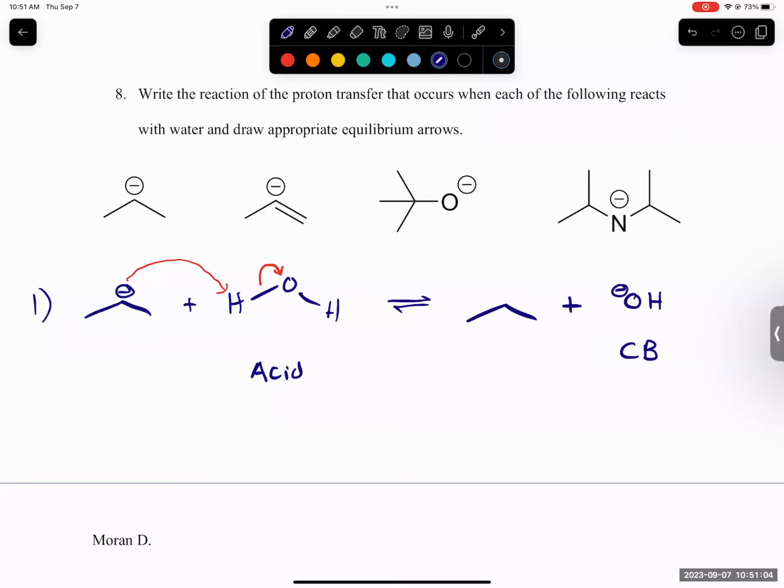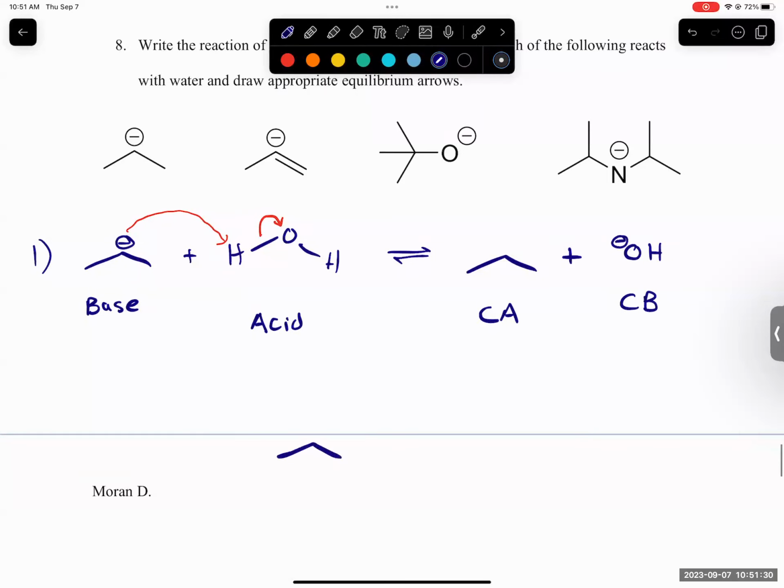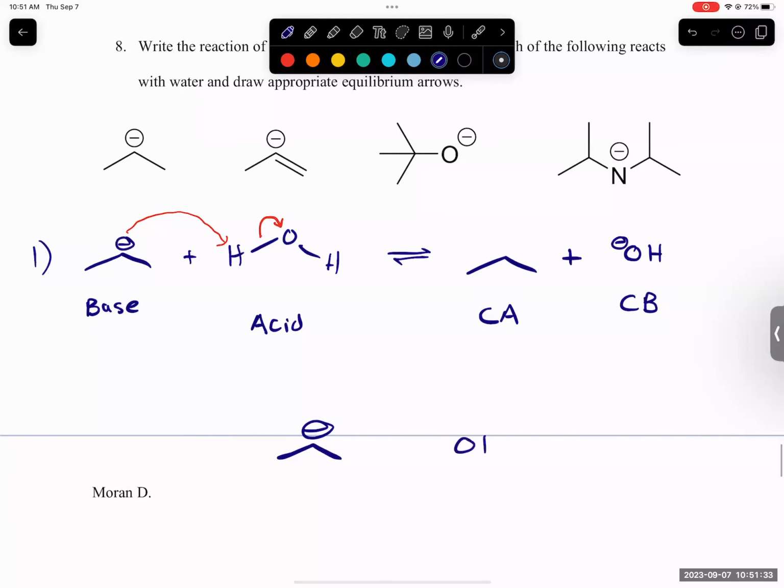And we have our base on the left side. That forms our conjugate acid. So to determine which way equilibrium favors, we have to figure out which acid is weaker, but we do that by looking at the stability of the bases, right? So we're comparing these two strictly, OH minus and the carbon base.